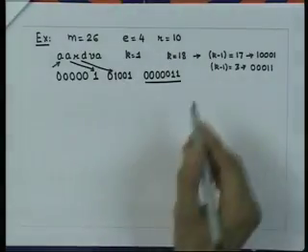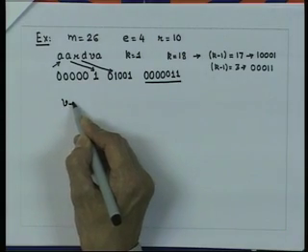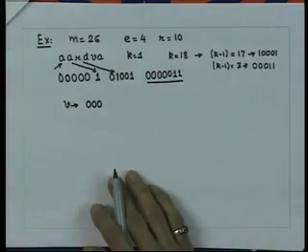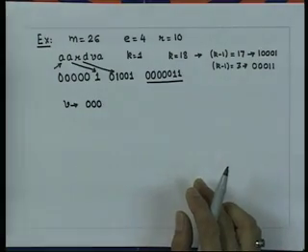So, we have the code word for V as the NYT code word 000 followed by the pre-decided code word for V.